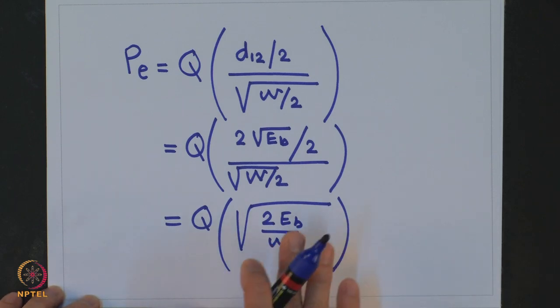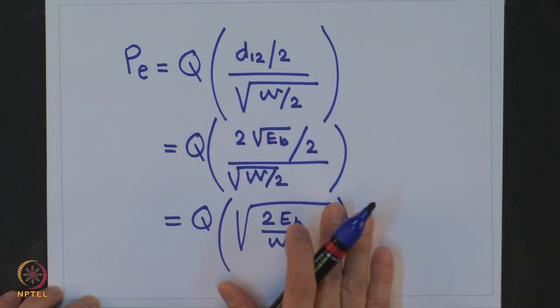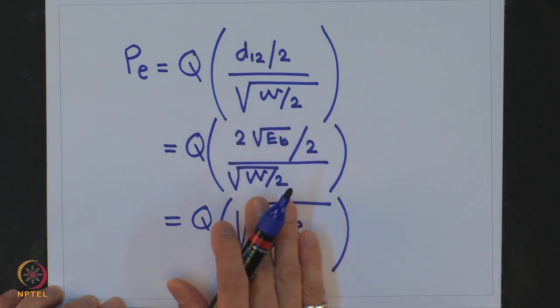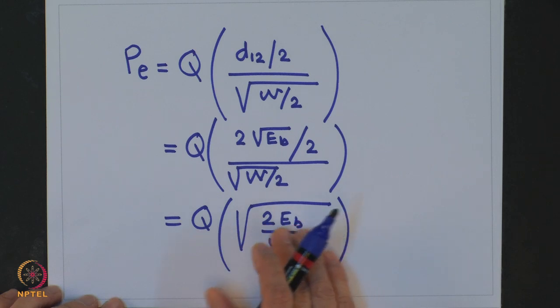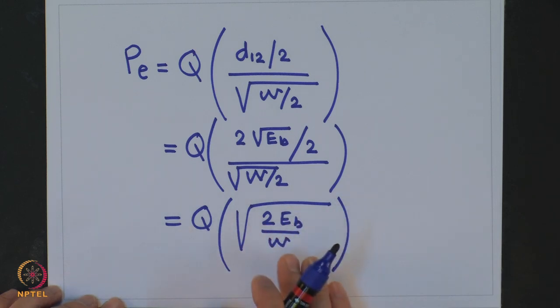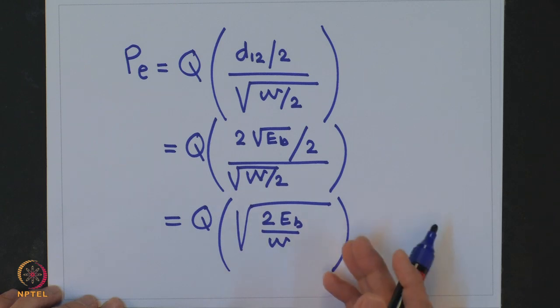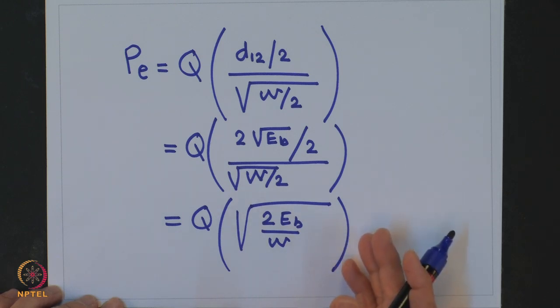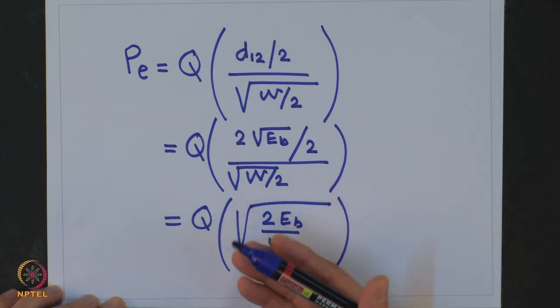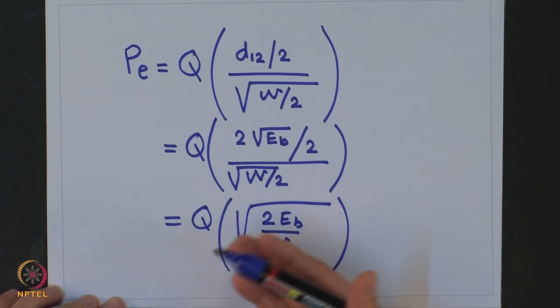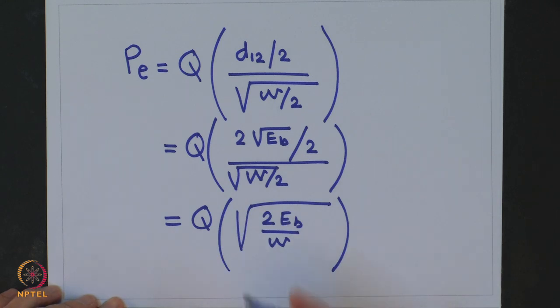What it shows is that the probability of error for the MSK case is exactly the same as you get for the BPSK case or for the QPSK and its variants, correct. But the bit rate for the MSK case is higher than what we get for the BPSK case, with no deterioration in the error performance.